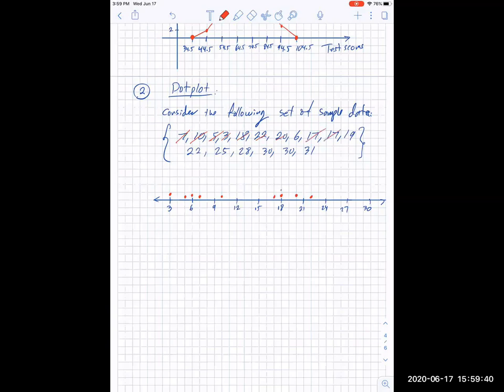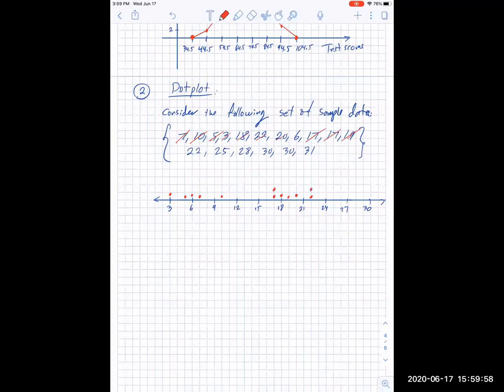We're gonna put 2 dots above the 17. 19, 22.